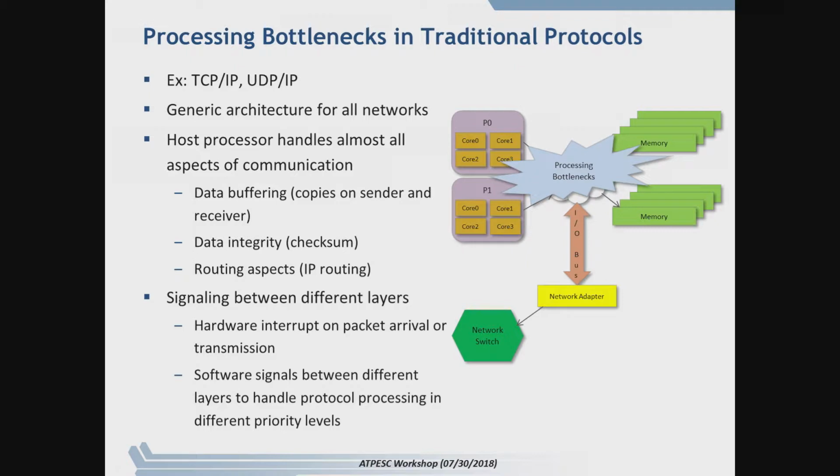The design of these old style network communication protocols assumed that the networks themselves were dumb. All they could do was push packets in and out of the network card, but all the protocol information was encoded in software. In this case, the CPU is in charge of handling most aspects of communication.